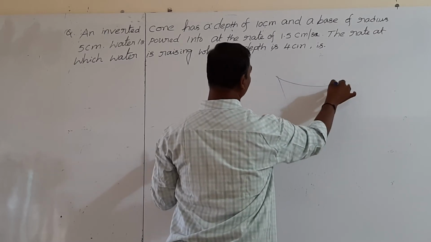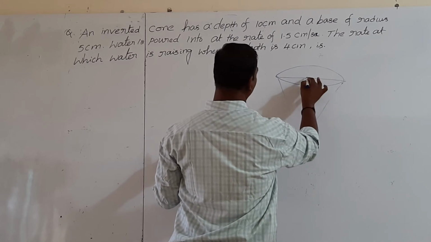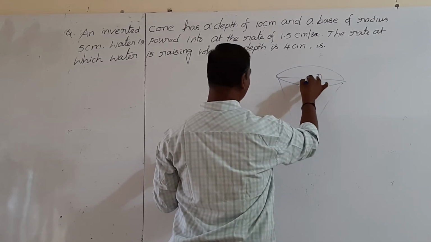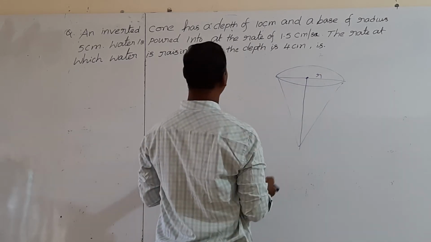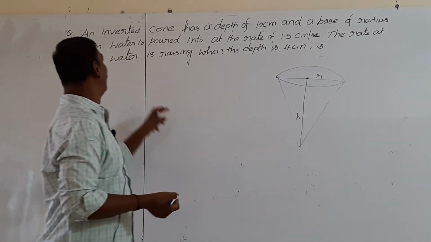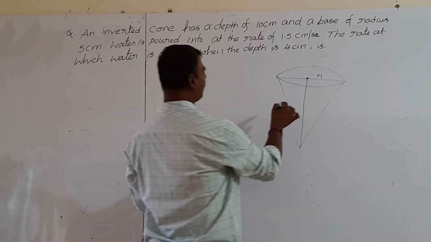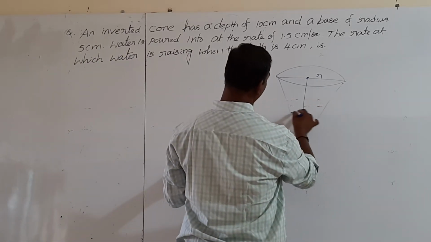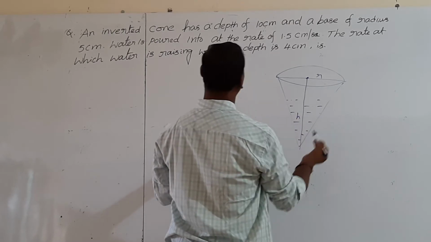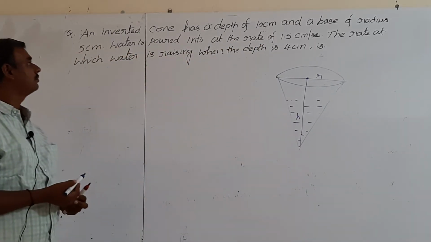This is also cone shape. This is the base radius and this is the height of the cone. Water is poured in here at the rate of 1.5 centimeter per second.